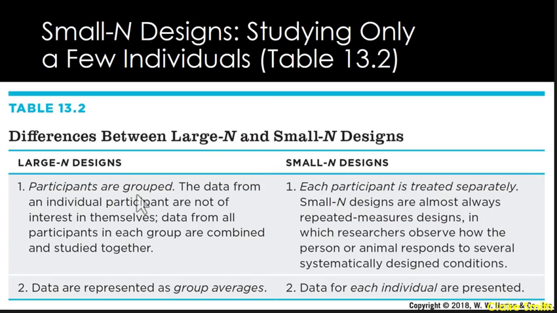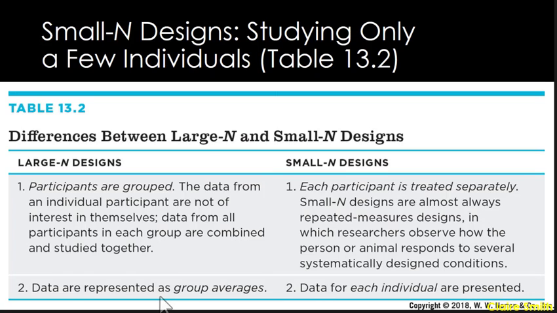So participants are grouped typically by their level or condition of the independent variable, and data typically is represented as averages. So for all of the studies we looked at earlier, even with quasi-experiments, those would be all large n designs. And all the graphs that we looked at showed averages.